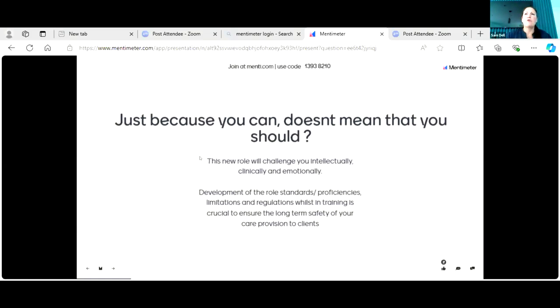However, the growth of these new roles is exponential, and nurses and midwives alike are increasingly taking on more complex, autonomous and expert roles around assessment, diagnosis and treatments. So it's really, really important, until we have that regulation with the NMC, that we are safeguarding our own practice when you're developing these roles. So it's really important to have those thought processes before you even start.